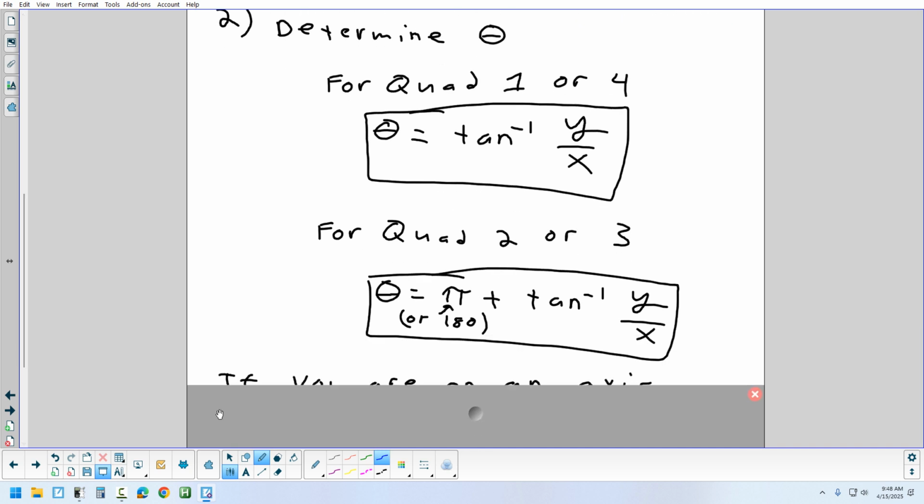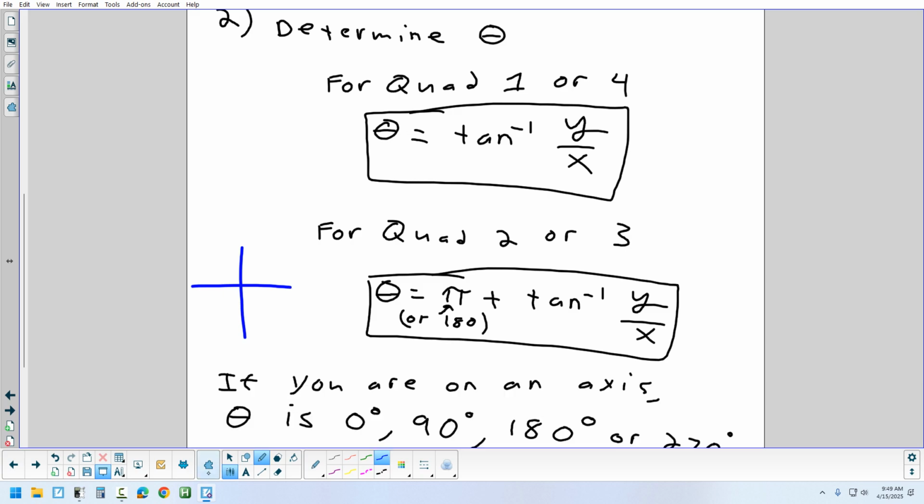Now that still doesn't cover everywhere the angle could be. What other situation could come up with your angle besides what's on the board right now? You could be on an axis. If you're on an axis, you just have to memorize the answers: 0, 90, 180, or 270. Why? Well, think about the x value of that point. The x value is 0.